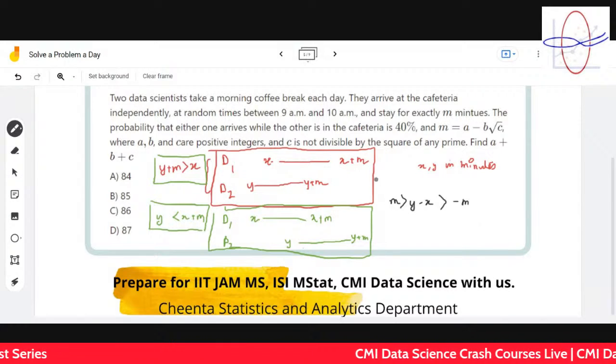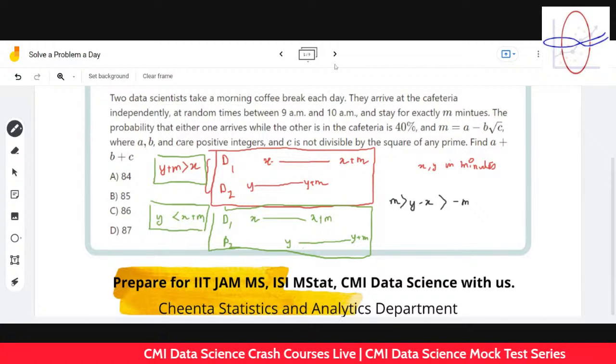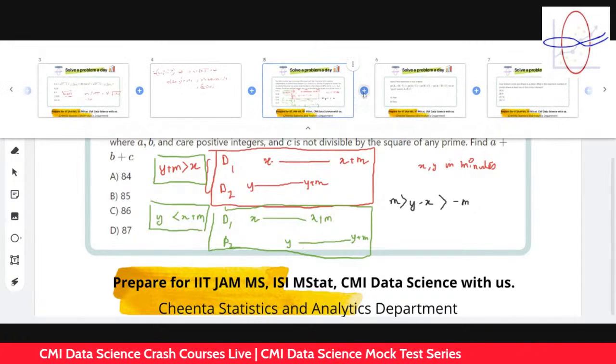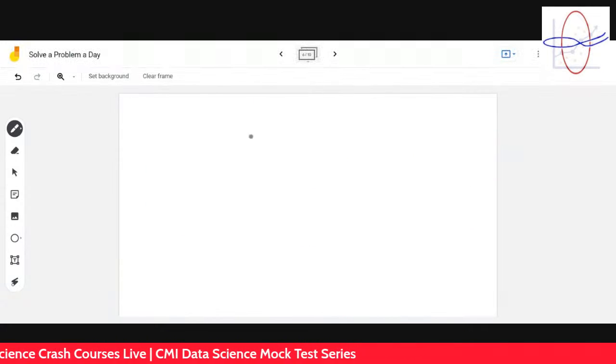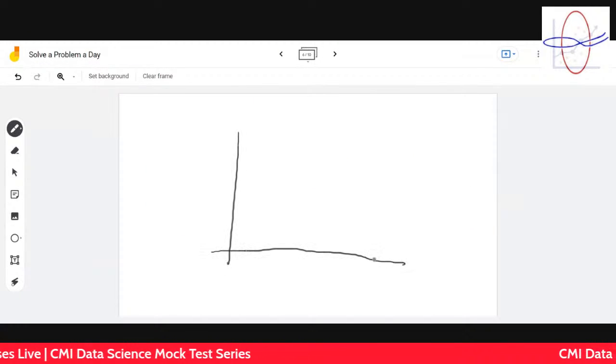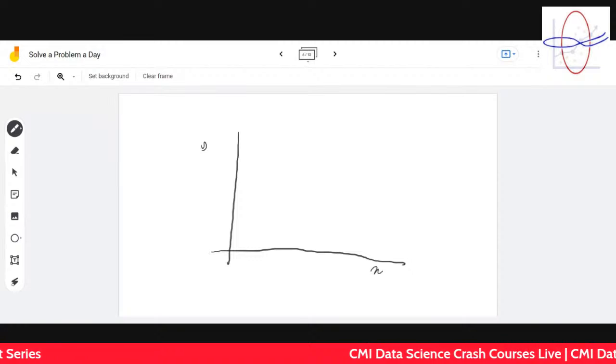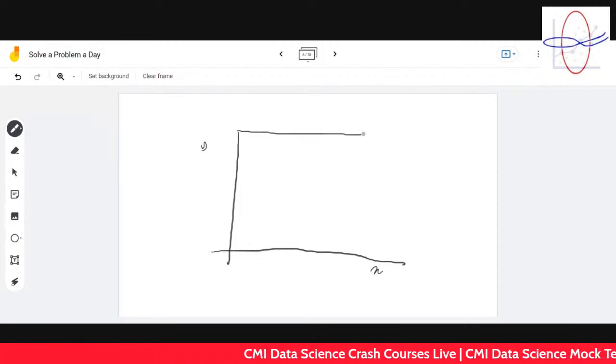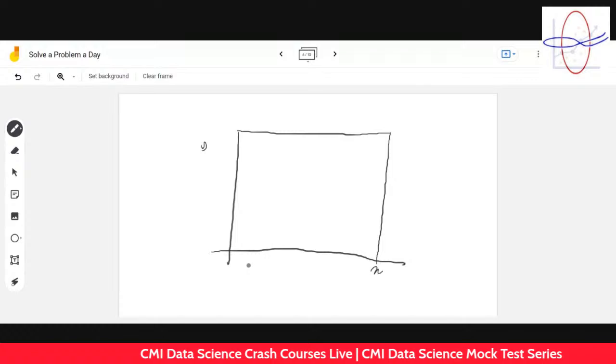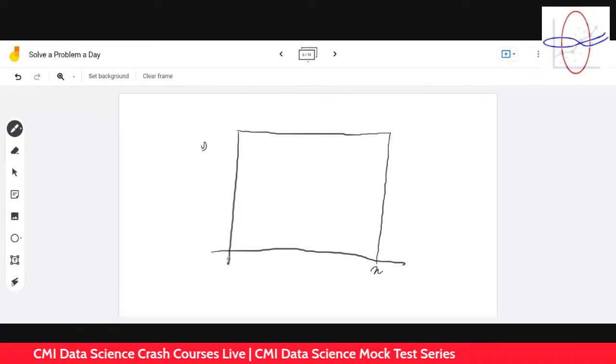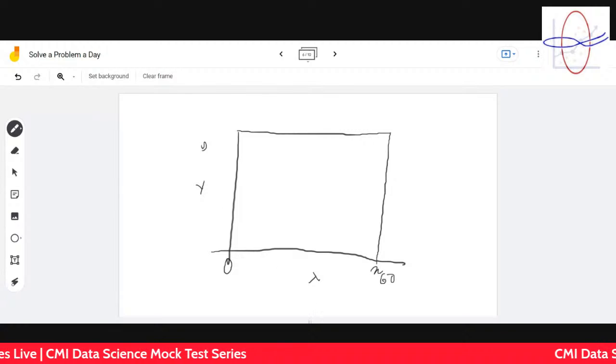And if we draw it, remember X and Y are in minutes. So let's call X over here and Y over here. Remember the range is 9 a.m. to 10 a.m., so it's 0 minutes to 60 minutes. This is the x-axis, this is the y-axis, so it's 0 to 60.